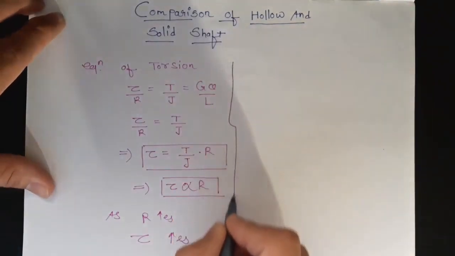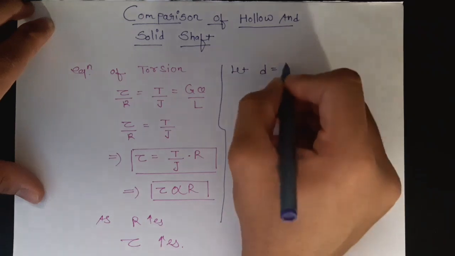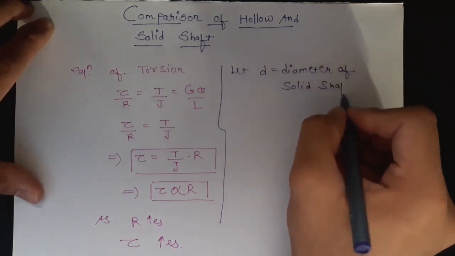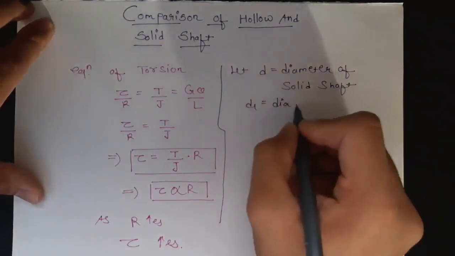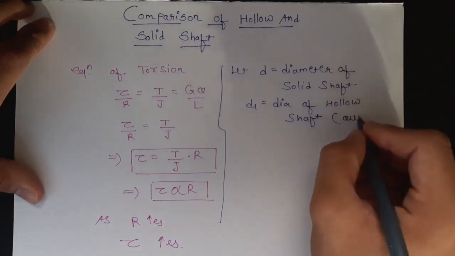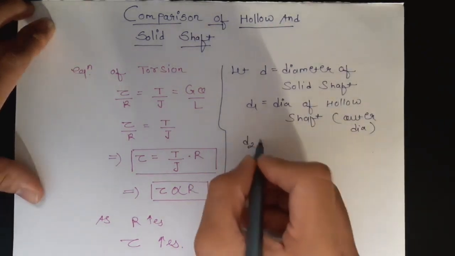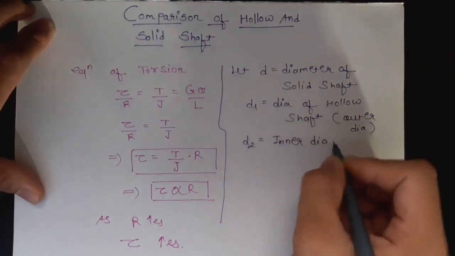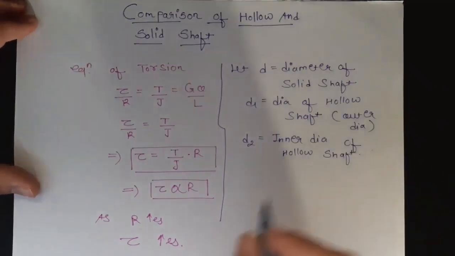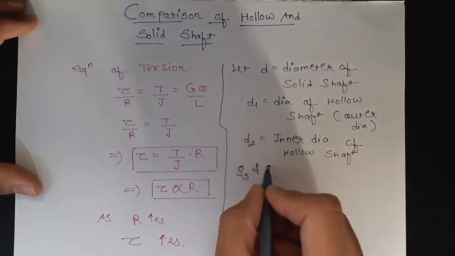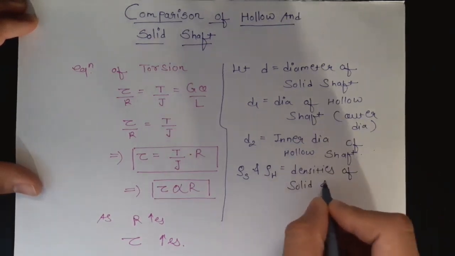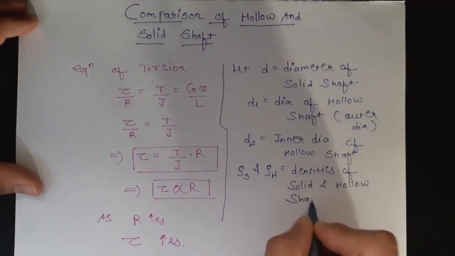So now, let d equal the diameter of the solid shaft, d1 equal the diameter of the hollow shaft, specifically the outer diameter, and d2 the inner diameter of the hollow shaft. rho s and rho h are the densities of solid and hollow shaft respectively.